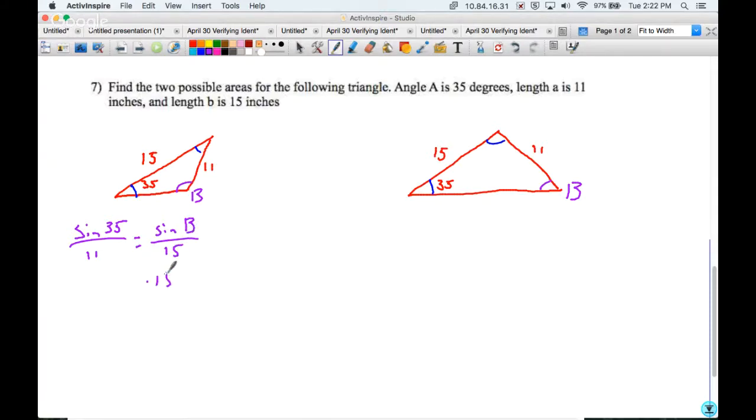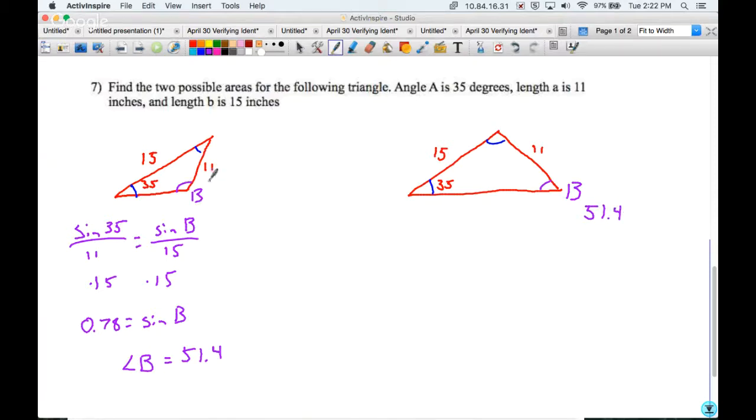Multiply both sides by 15: sine 35 divided by 11, times 15, 0.78, sine of B. Inverse sine of both sides, and we get that angle B is equal to 51.4 degrees. Now what I said is your calculator would always give you the more acute one, so it's giving you this one here, the 51.4.